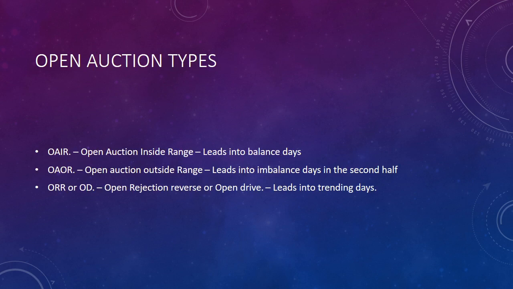This is the behavior of the market in the first hour. What we analyze is that if in the first 1 hour the market is still inside a particular range, and this range is nothing but the previous day's range, not the same day's range.